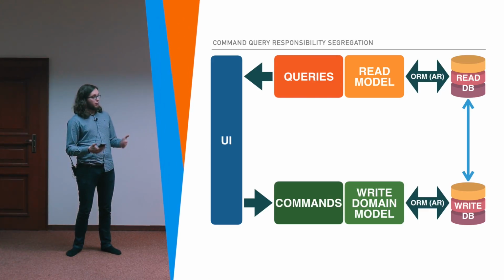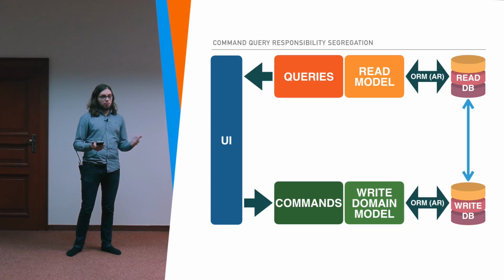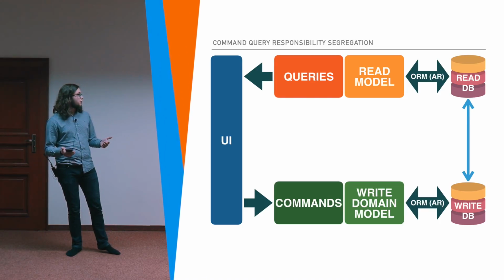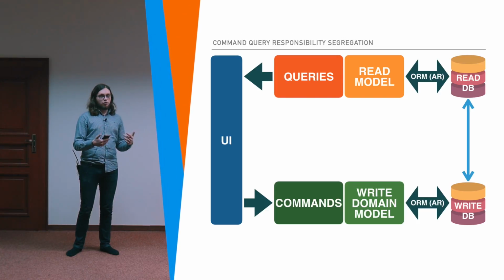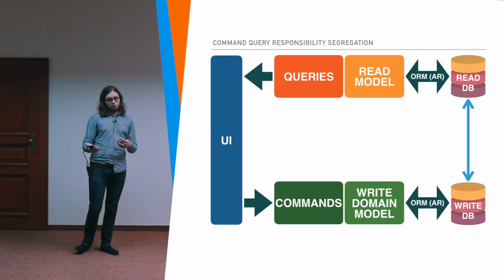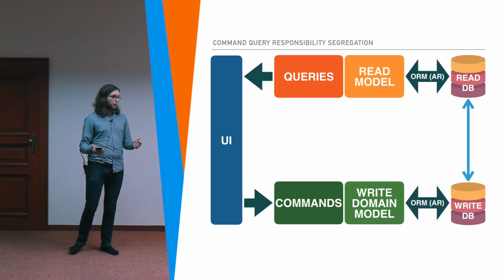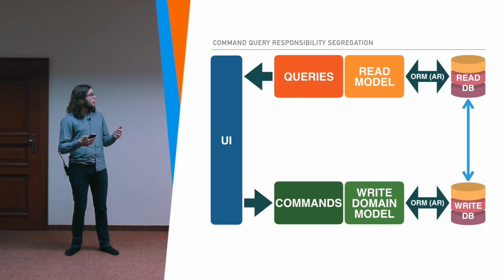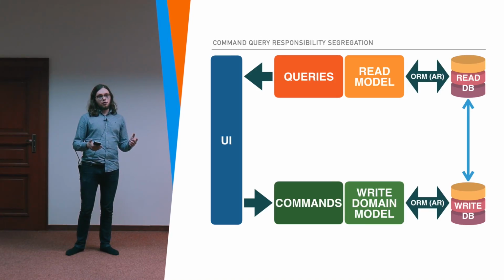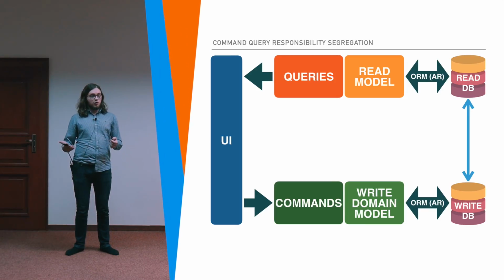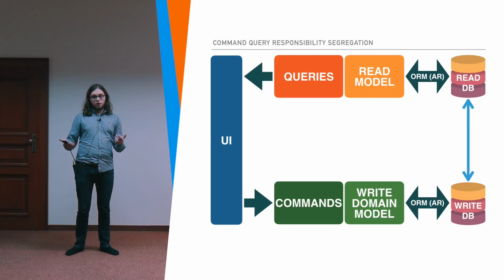And you can have maybe a graph database or some RDBMS or something else on the read side. But in most cases, you'd like to optimize your write database for writing, so probably have something like Postgres, and you would like to optimize your read database for reading. So you would probably have something like a NoSQL document database, like MongoDB or something like that.